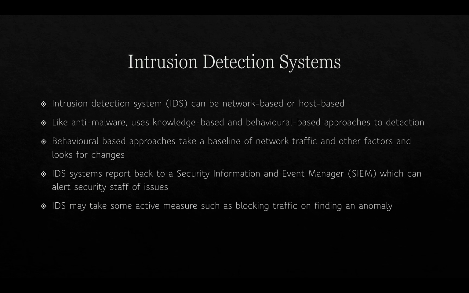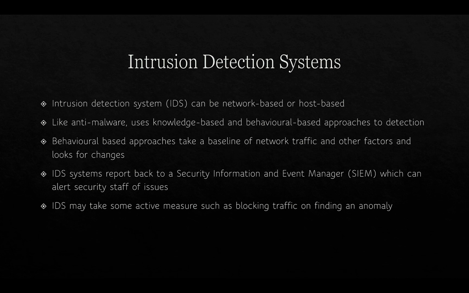An intrusion detection system is another type of control, and that can be network-based or host-based. Like anti-malware, it uses knowledge-based and behavioral-based approaches to detection. Behavioral-based approaches take a baseline of network traffic and other factors and look for changes. And the knowledge base is looking for specific types of network traffic to create an event.